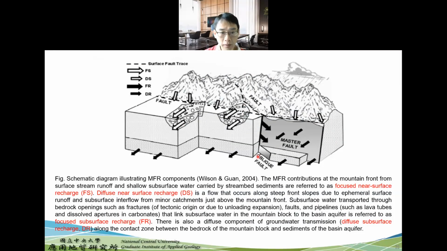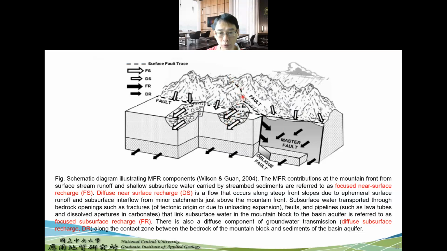And in the mountain block recharge or mountain front recharge systems, commonly we can separate several categories. In the system here, we have terms like focused near-surface recharge or diffuse near-surface recharge. Focused means a huge amount of water recharges, like where there might be rivers.